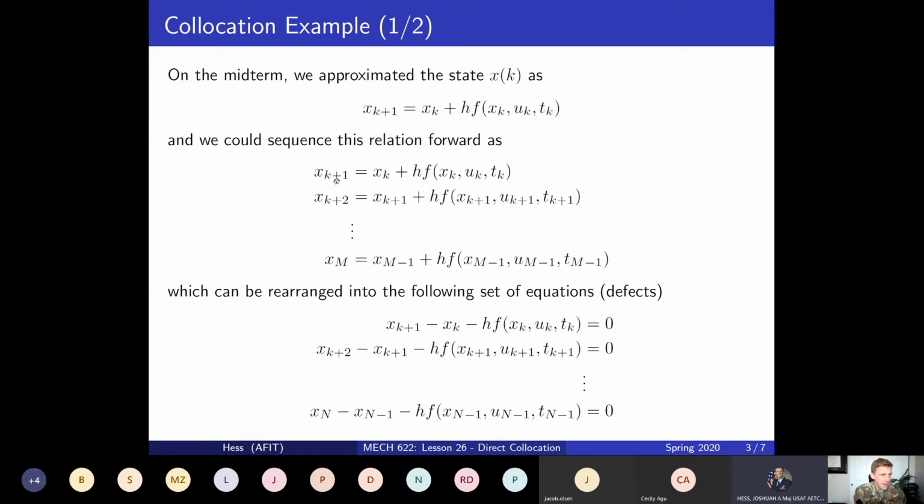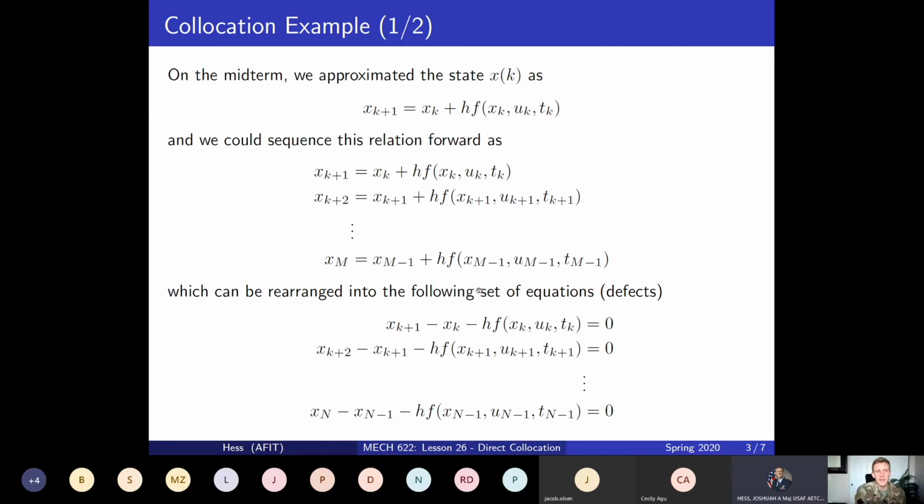But I can take this left-hand side, and I'm saying it equals the right-hand side. So what I can do is take left-hand side minus right-hand side and set that equal to 0. So now instead of a series of propagations or sequencing forward, I have what looks like a set of equations, or a set of equality constraints, okay?